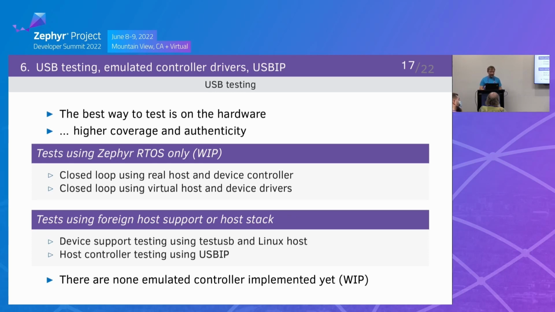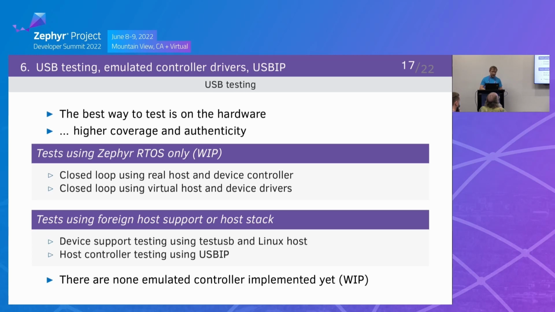We will probably still continue in the development with testing with test USB and a Linux host, and another approach is to use host controller testing using USBIP. We have a driver called native POSIX driver in the current USB device API, but it's not the right name.